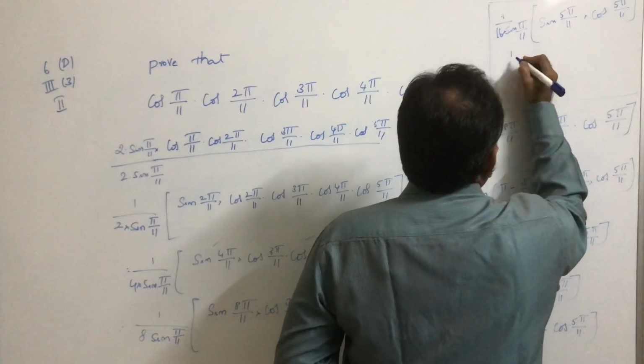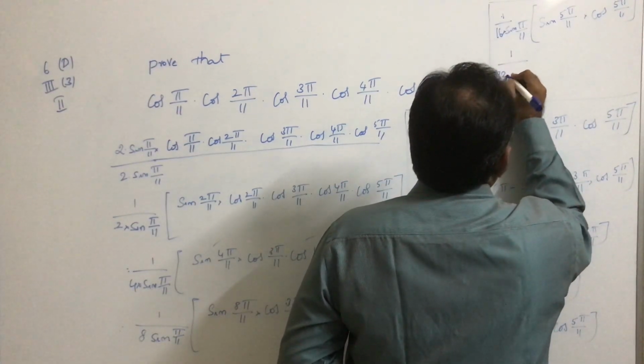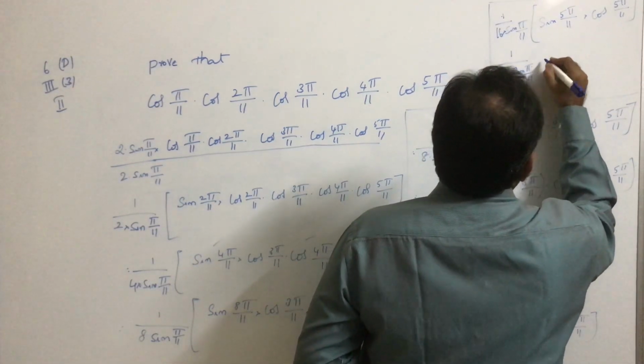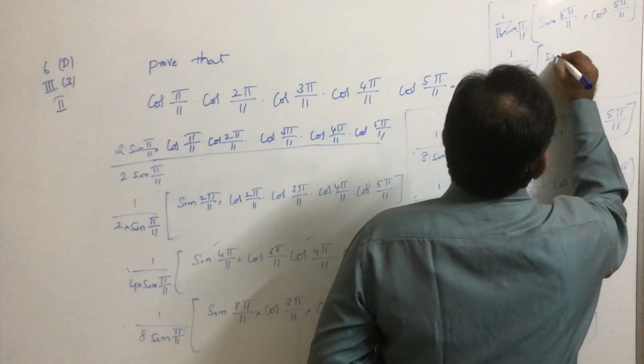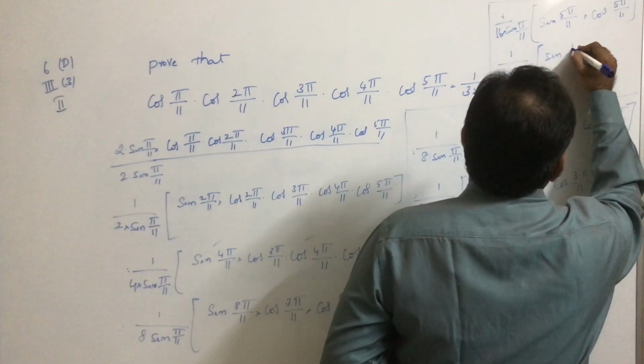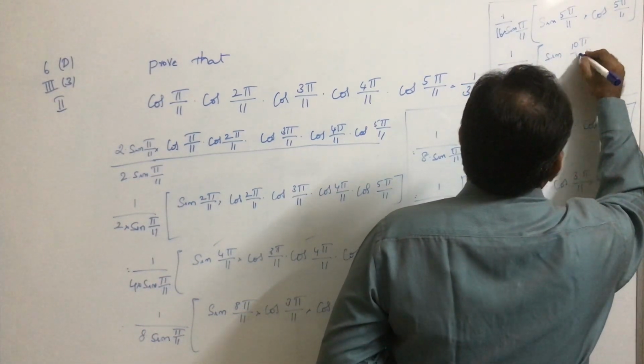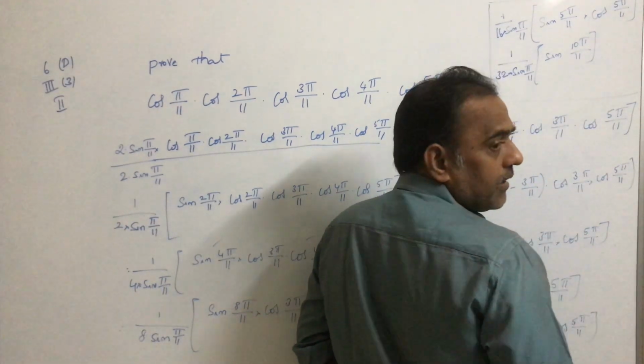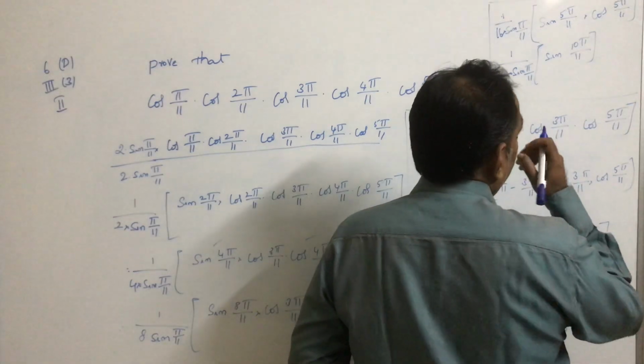If we do the same, this becomes 1 by 32 into sine pi by 11 into sine 10 pi by 11. Sine 10 pi by 11 can be written as sine of pi minus pi by 11.